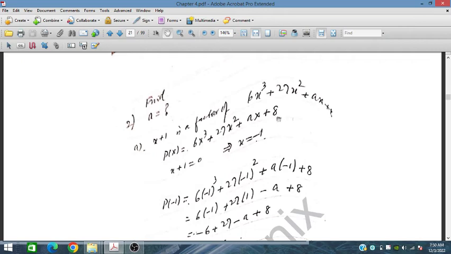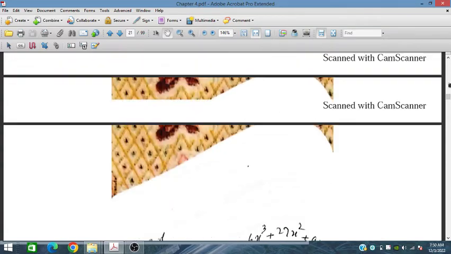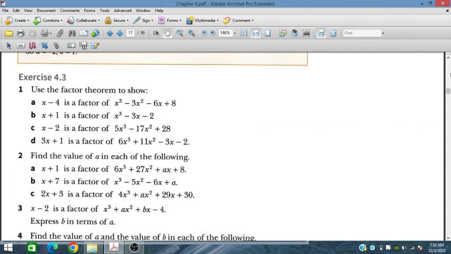Now using the same approach, we have to find some variables or some coefficients here. So this is a problem. Let's start with this factor. We have to find the value of a. We know that this is a factor.